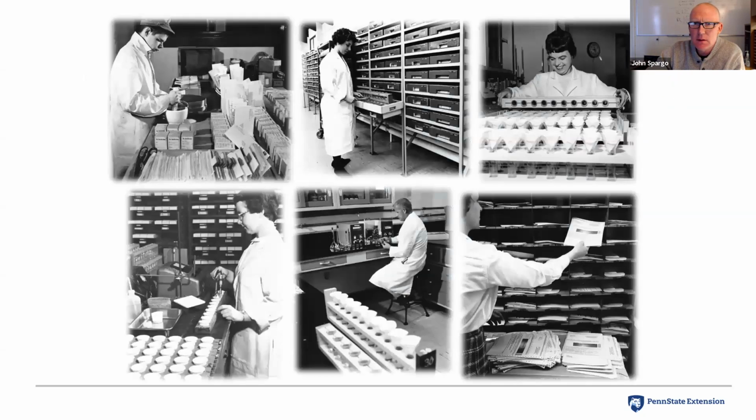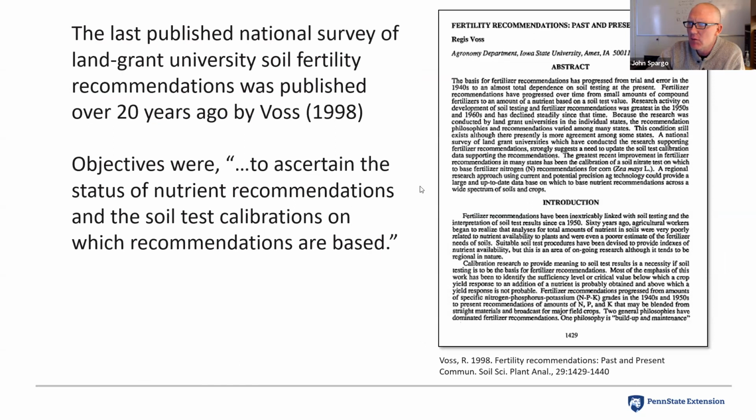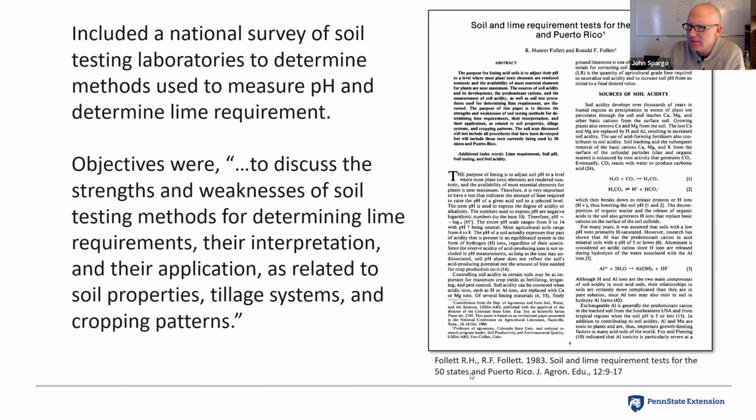And I'm going to quickly share a reference. If you guys haven't seen this paper, Follett and Follett from 1983, a really interesting paper published in the Journal of Agronomic Education. Just a really nice overview, sort of extension version of soil acidity, the chemistry of soil acidity.